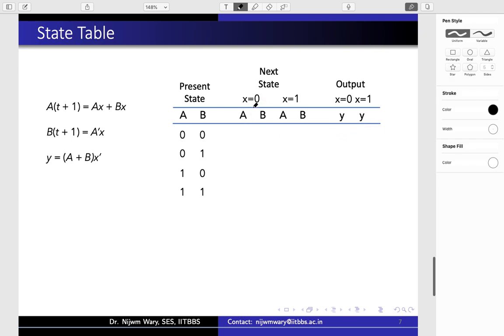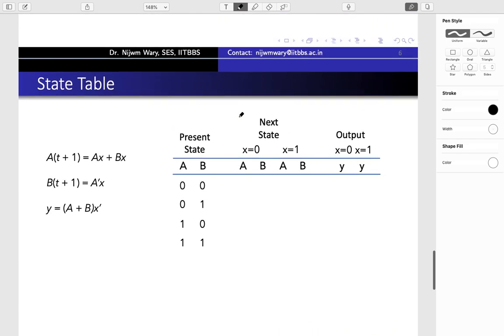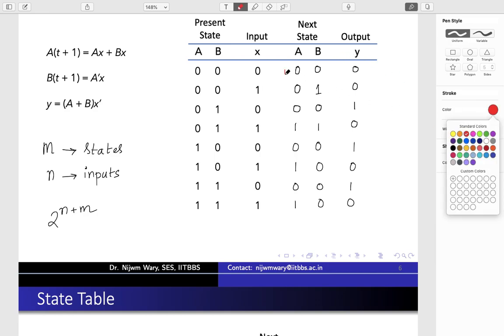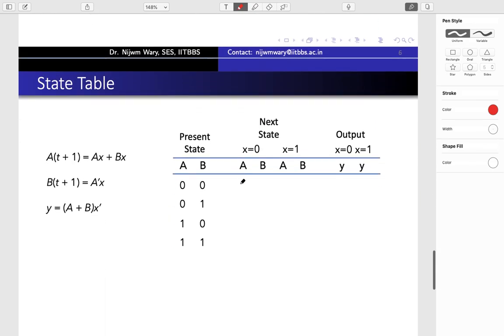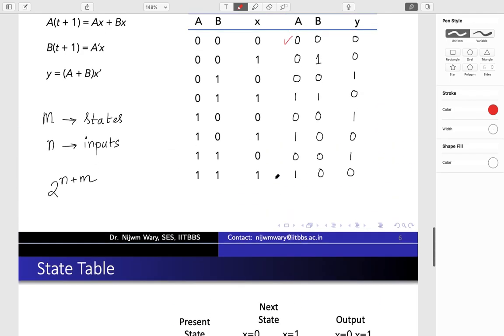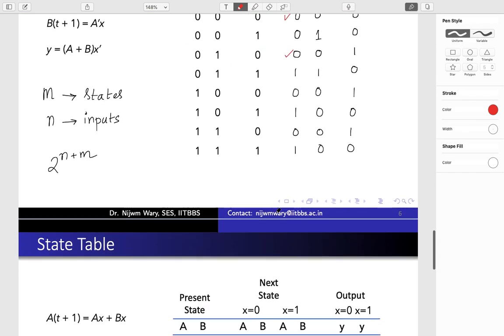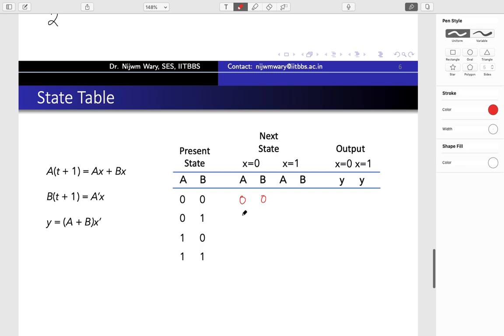So whenever the x is 0 and the A and B is 0 0, we know that the next state will be 0 0. So I just need to write down this one, which is 0 0. Whenever the x is 0, the next one, which is 0 1, we can write down as again 0 0.